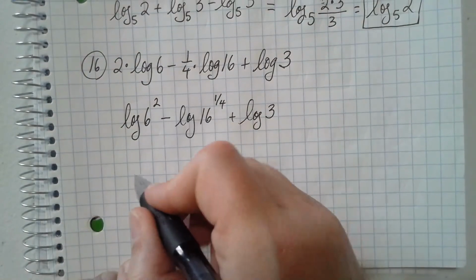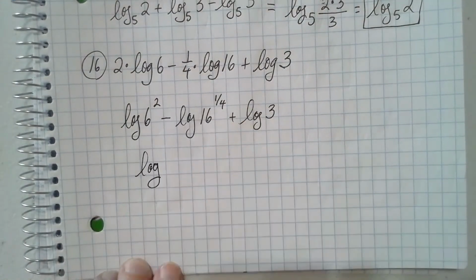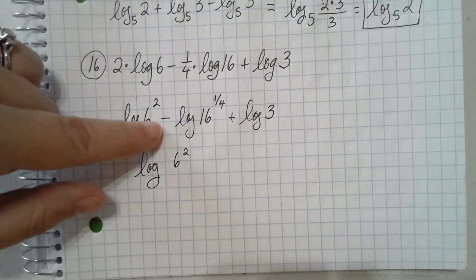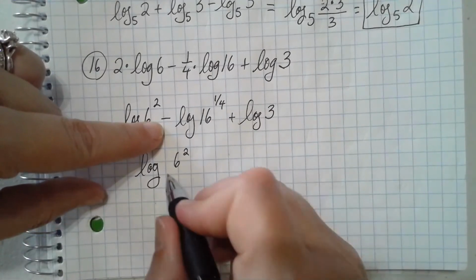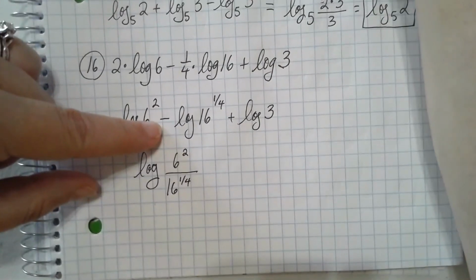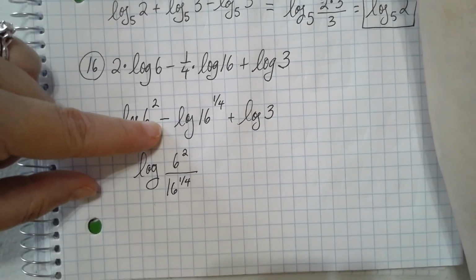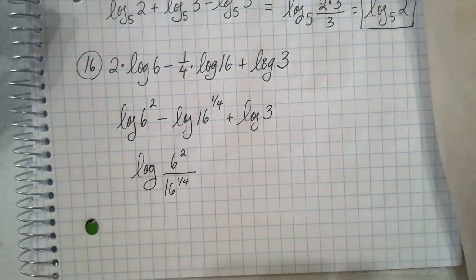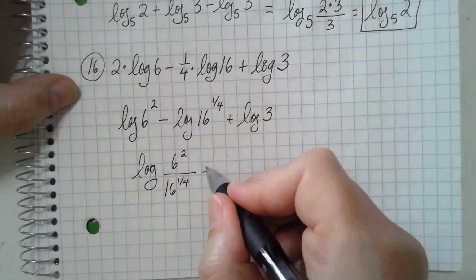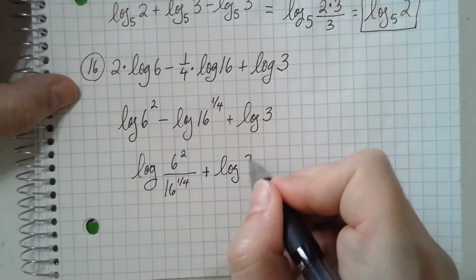Okay, so I'm going to go ahead and just consolidate this all, and then we'll evaluate. Okay, so I have 6 squared minus, that's division, and then whatever we get there, we're going to have to add the log of 3.